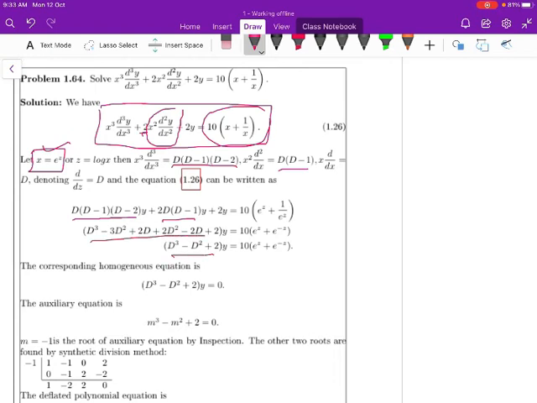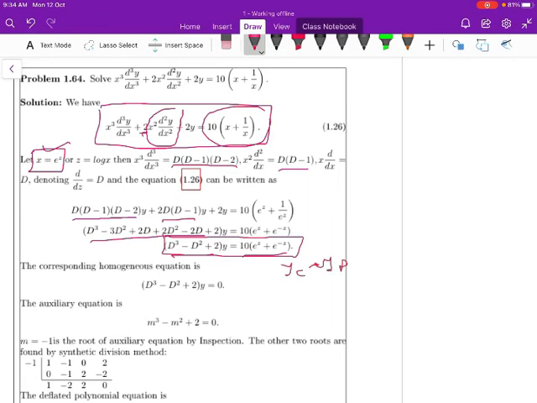So y is common. Simplifying this, we have D cube minus D square plus 2 into y is equal to 10 times of e power z plus e power minus z. So this is the third order linear differential equation with constant coefficients.